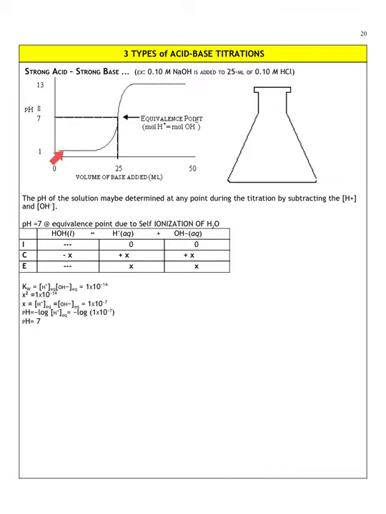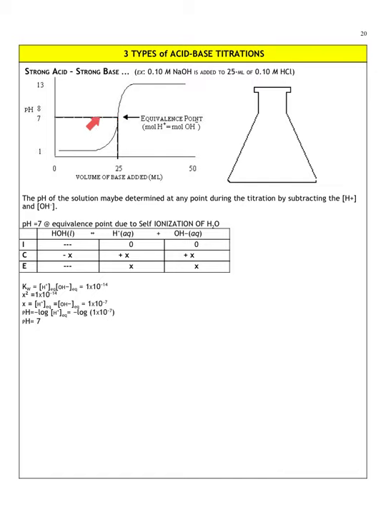So that's why the pH is low right here on the pH curve. And then, of course, as you add more and more base, more and more of the acid gets consumed by the base until you hit this equivalence point. For a strong base and strong acid titration, the equivalence point is where the pH is 7.